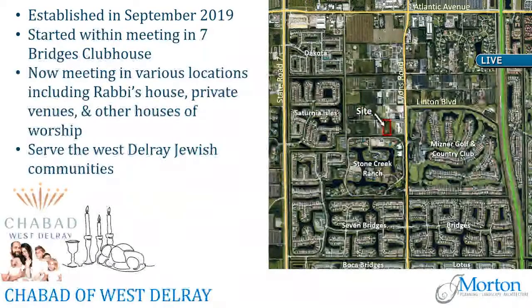Their congregants live in the surrounding communities. You can see from this aerial their proposed location identified here in red, and then the surrounding communities that have developed. You see the Bridges, Boca Bridges, Lotus, Saturnia Isles. The proposed amendment would enable them to locate within a walkable proximity of these neighborhoods.